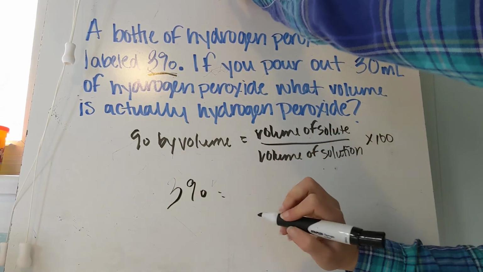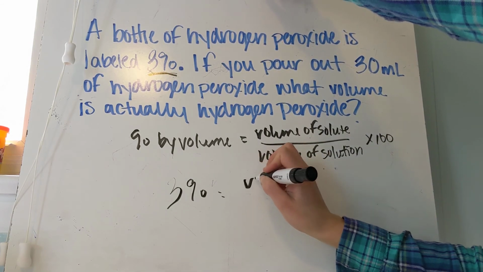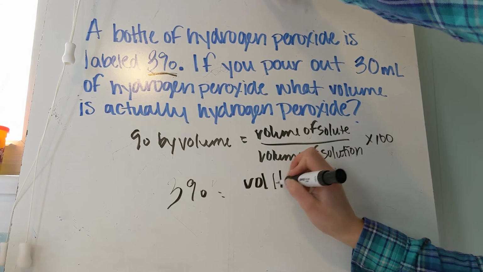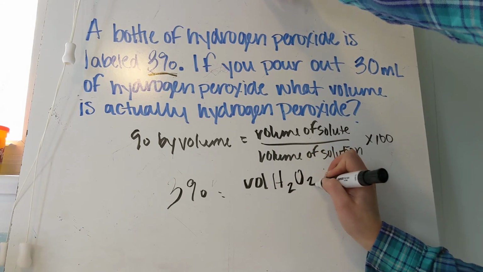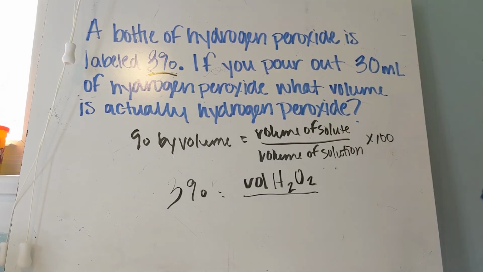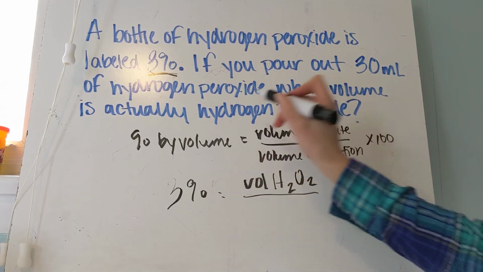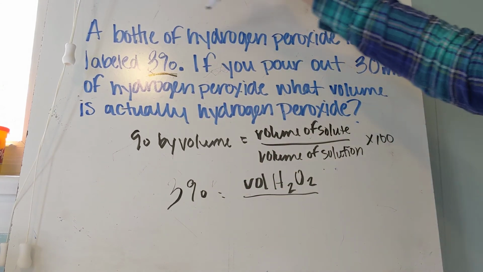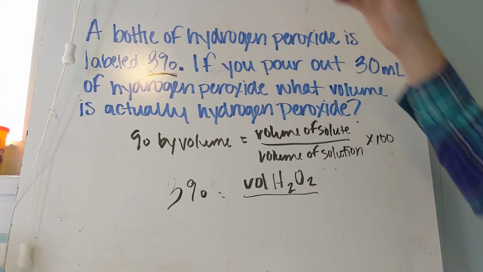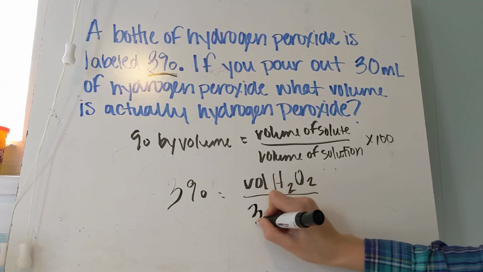I'm solving for the volume of my solute, so I want my volume, and hydrogen peroxide is H2O2, divided by the volume of the solution. Now, up here it gives me 30 milliliters of hydrogen peroxide. Now, that's talking about the entire solution, because it says a bottle of hydrogen peroxide is labeled, so that's talking about the entire solution.